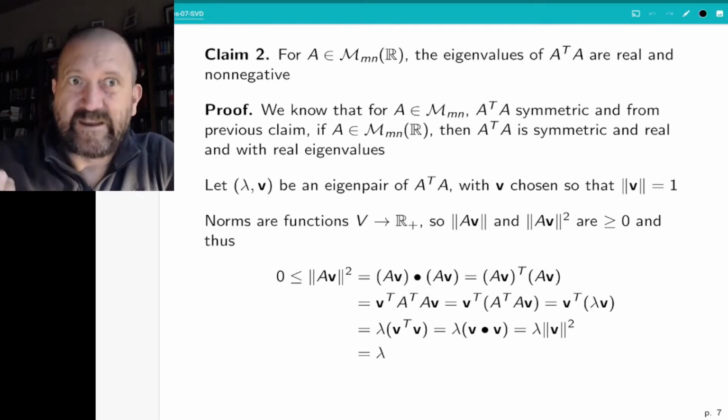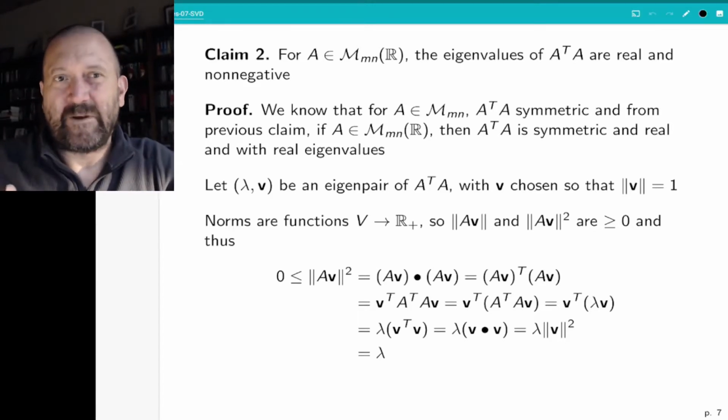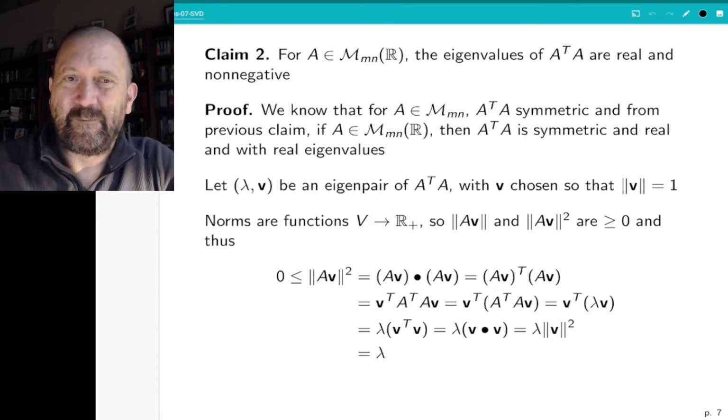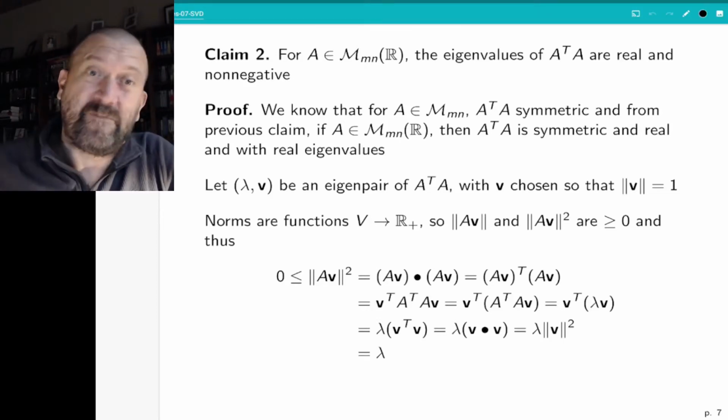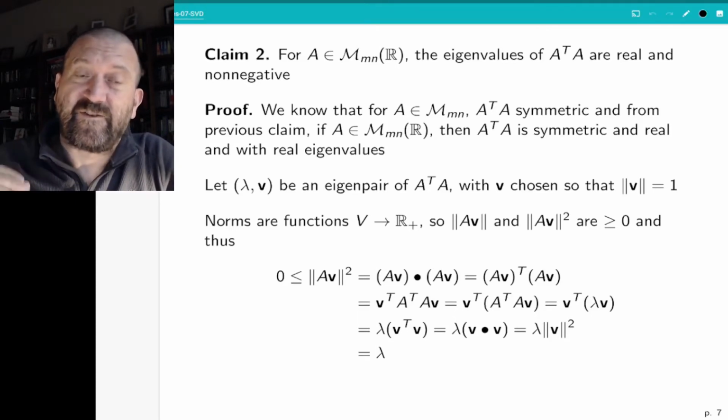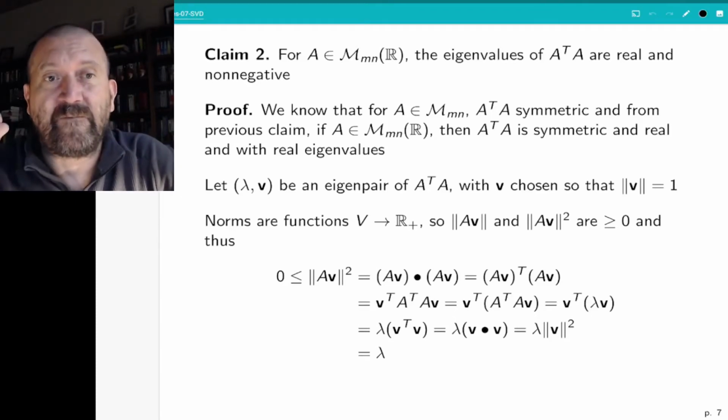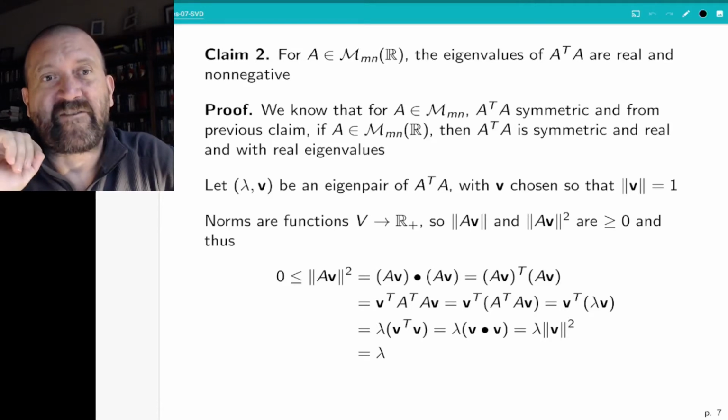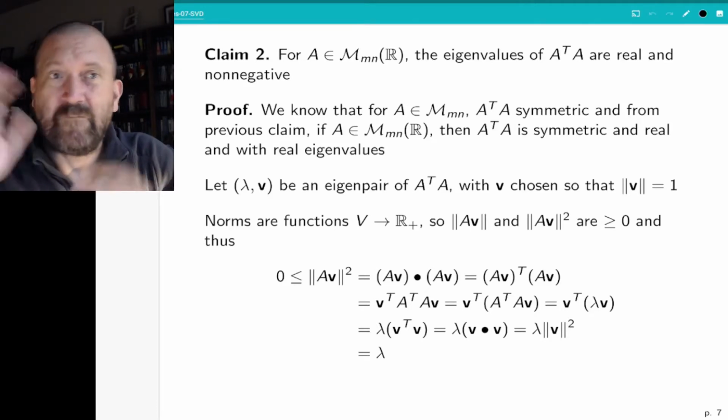Again, we start with eigenvalues. Let us consider an eigenpair, an eigenvalue-eigenvector pair of A transpose A. To simplify our life, we're going to assume that we choose the eigenvector V in such a way that its norm equals 1. And we're allowed to do that.